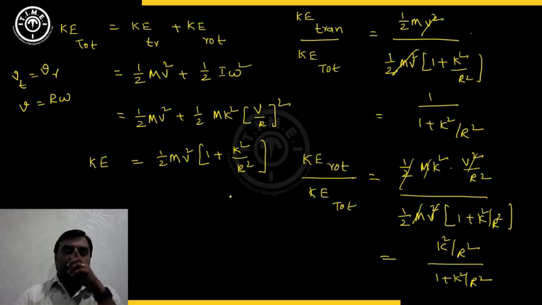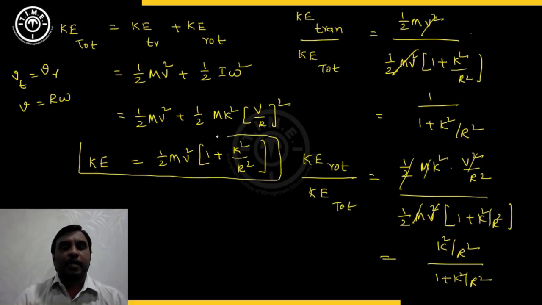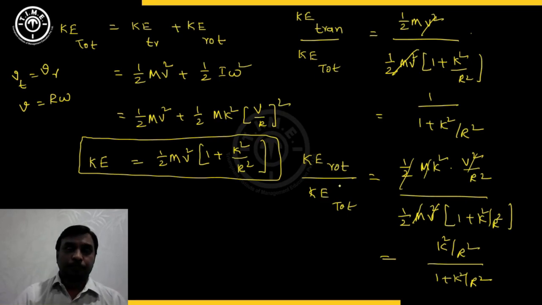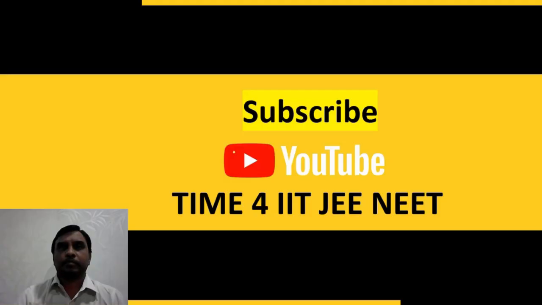These are the formulas you must remember. That is one, total kinetic energy, half mv square into 1 plus k square by r square, and the ratio of kinetic energy due to translation to that of total, and kinetic energy due to rotation to that of total. Now we'll take up some problems based on this.